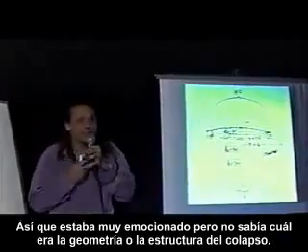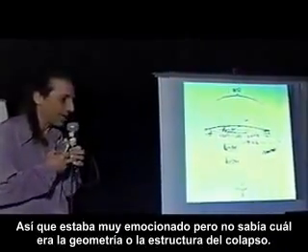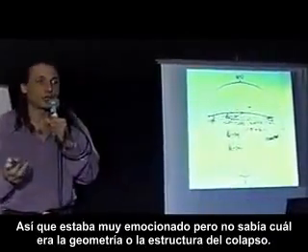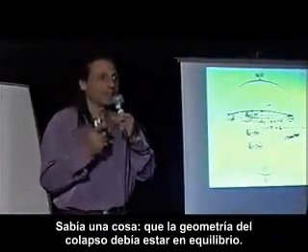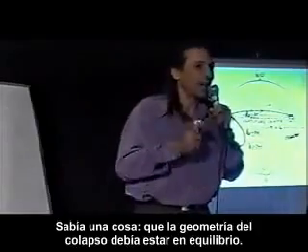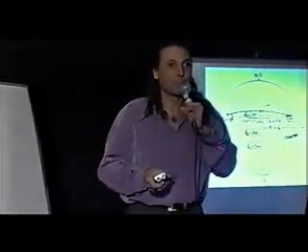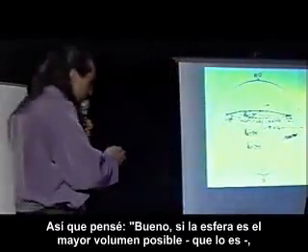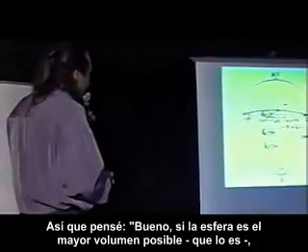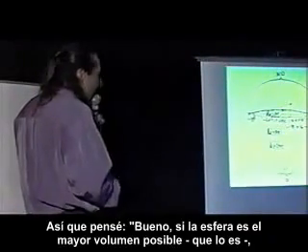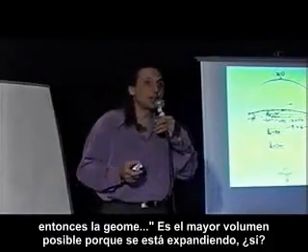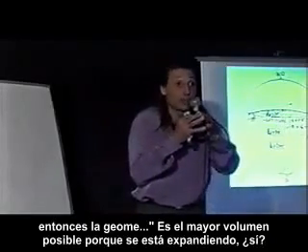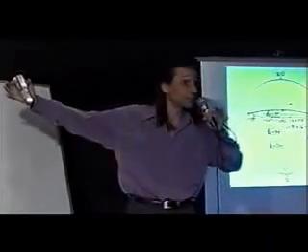So I was really excited about that, but I didn't know what was the geometry or the structure of the collapse. I knew one thing, is that the geometry of the collapse had to be in equilibrium. So I looked and I thought, well, if the sphere is the highest volume possible, which it is, because it's expanding, right?